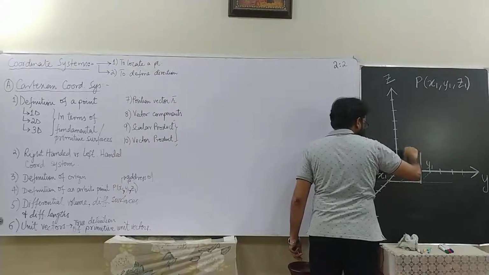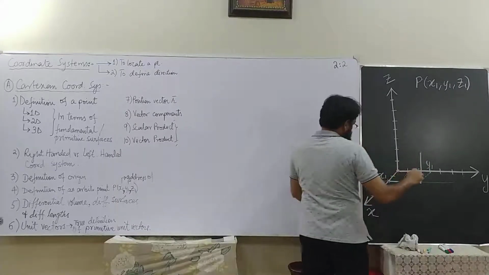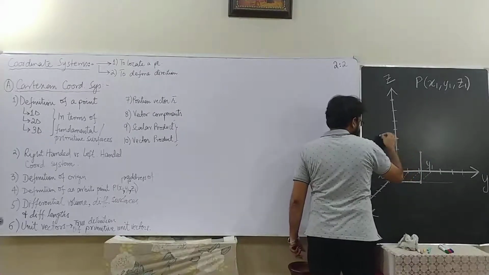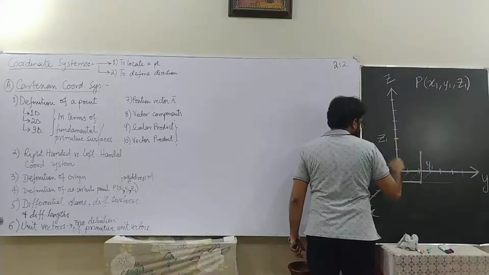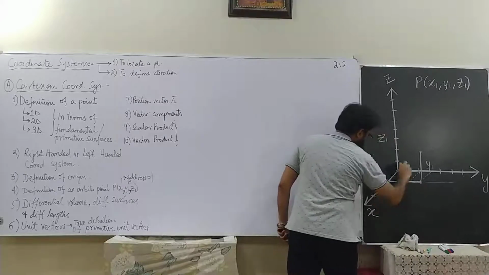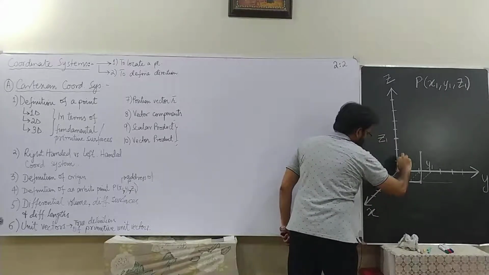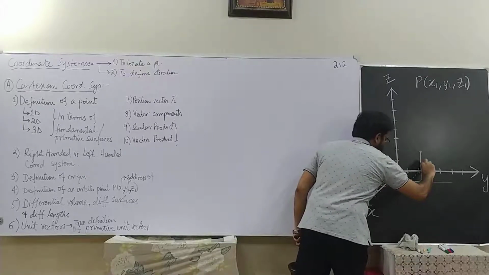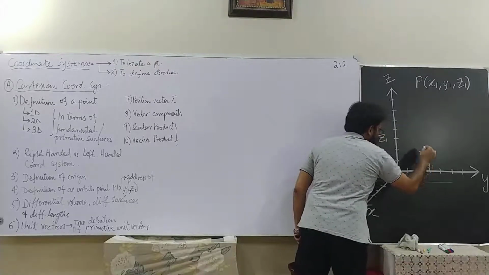Yeah, this point is z1. So if I move 3 units upward, 3 divisions upward, I will reach z1.